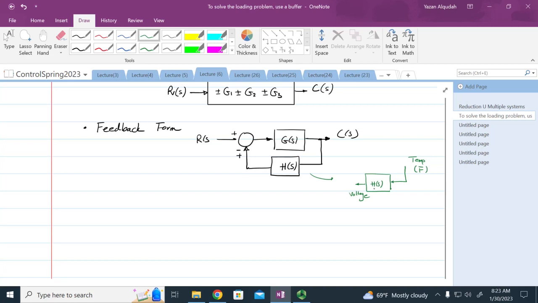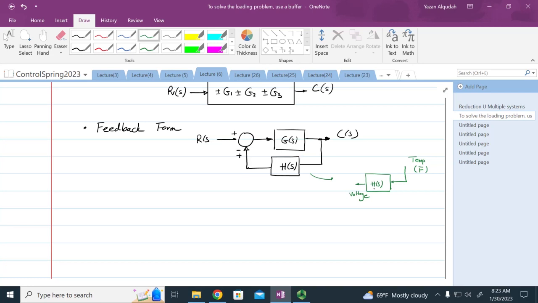What is it? No. This is what it means, and I want everybody to know this and keep it in mind. It means this sensor that I'm using in the feedback is very, very fast, that there is no dynamics in it. It's almost instantaneous. Does that make sense?